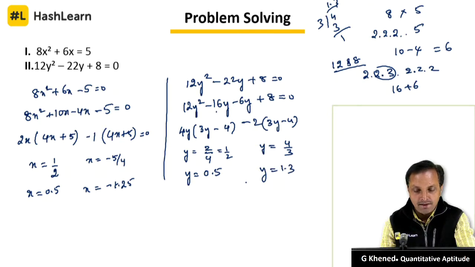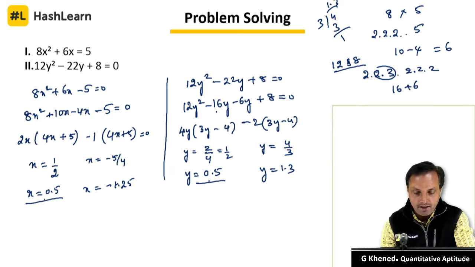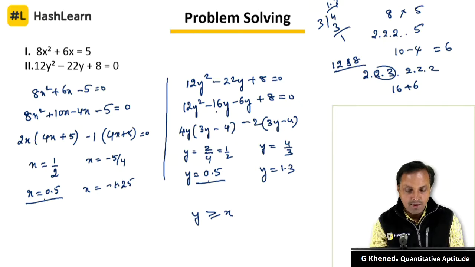Here you can observe the value of y and x is same in one case. The value of x is 0.5 and the value of y is also 0.5. So there will be an equality sign, and you have one more value of y and x which you can compare. So y is greater than or equal to x. So 1.33 is greater than minus 1.25.